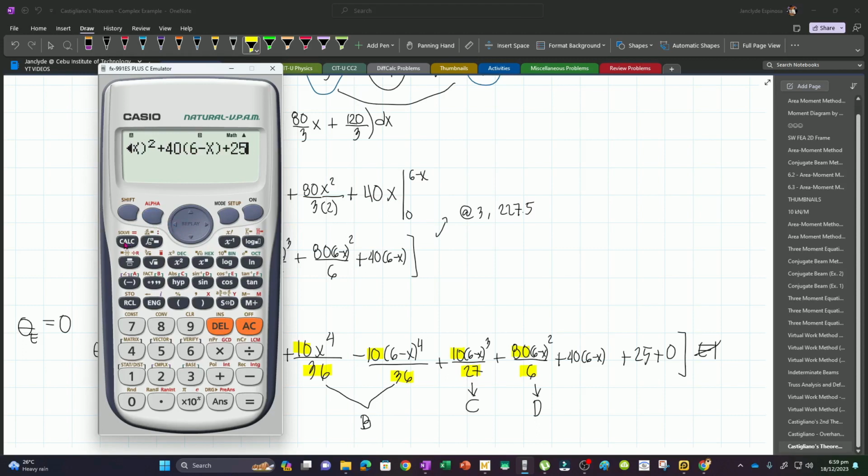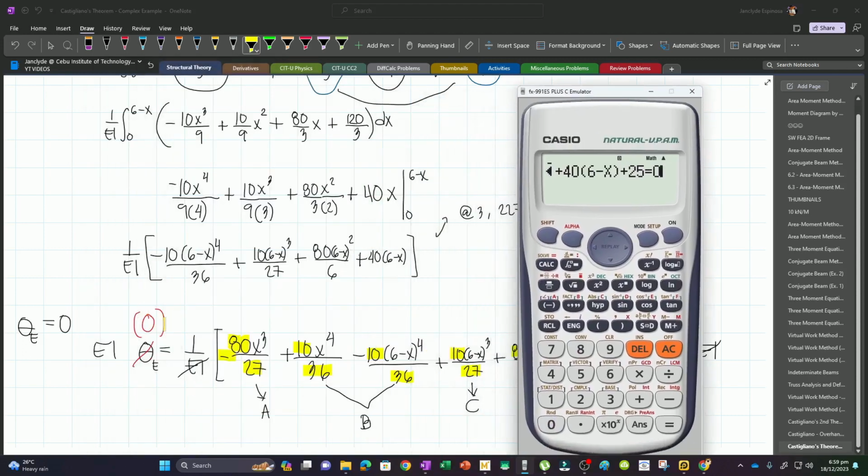I will set this to 0 because again we are setting the slope to 0, because that's where the maximum deflection occurs.